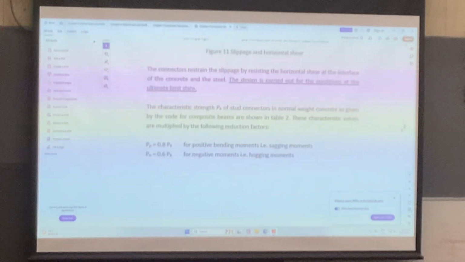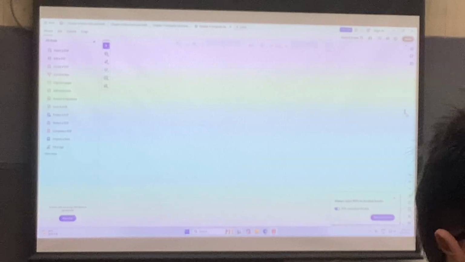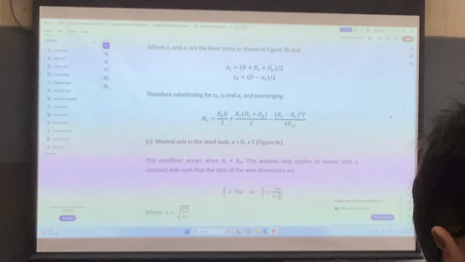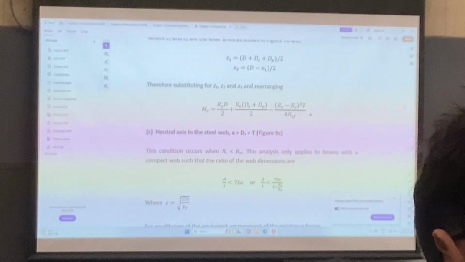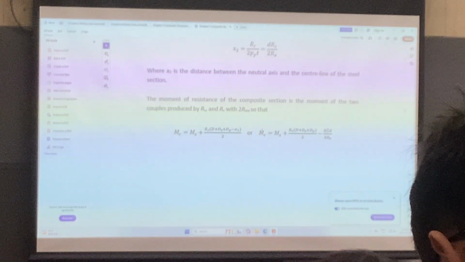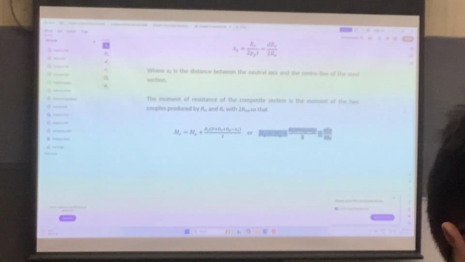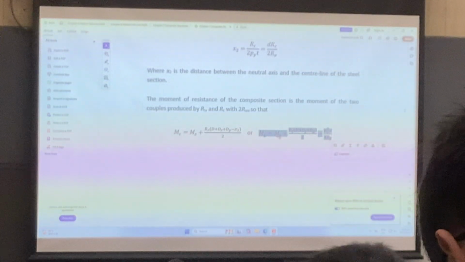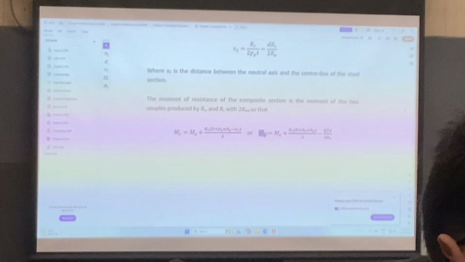Okay. So for these three equations, you can just substitute and then you can find the moment capacity. Okay. And then for the case of the web, of course you can use this equation, okay? MC is the composite bending moment of this section.